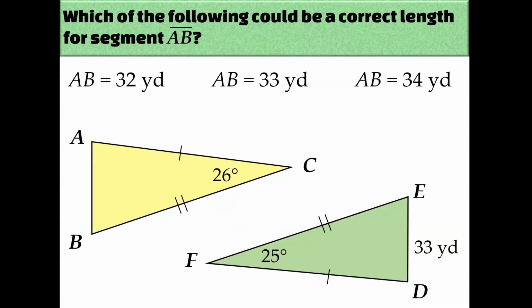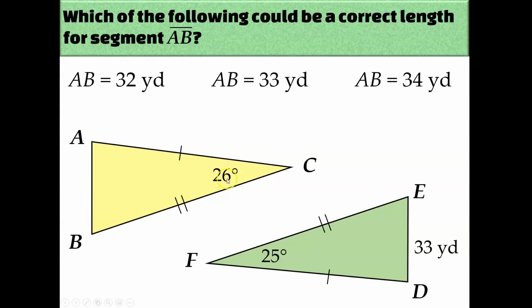We can even use this theorem to make estimations about what that side length might be. So for example, here we have two comparable triangles. They have two pairs of congruent sides. And their third sides are, well, one is given, but the other one's not. One of them is 33, the other one is unknown.